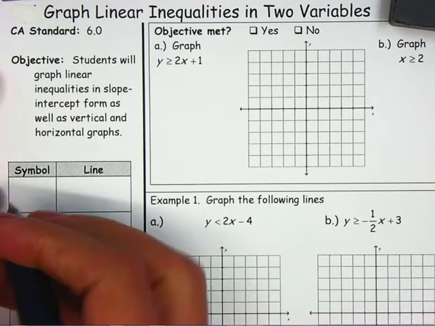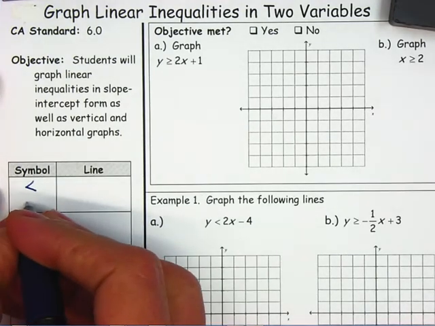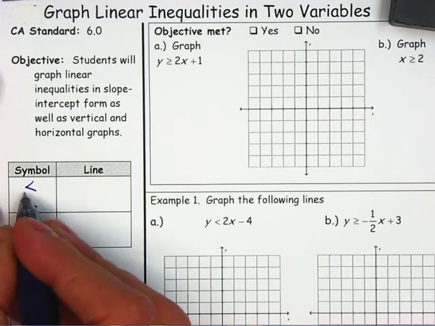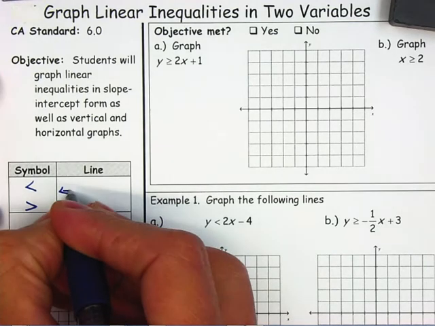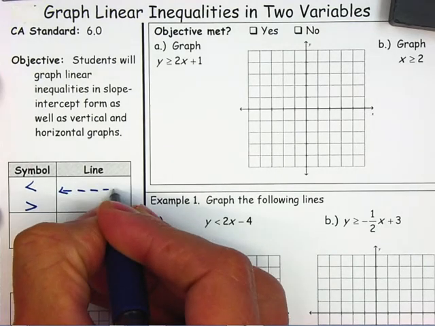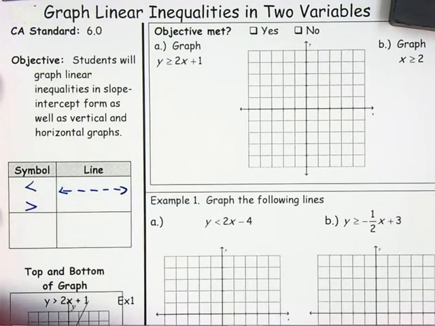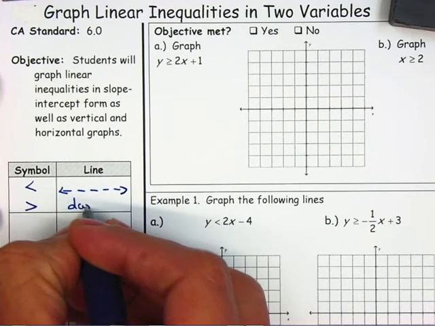If you see a symbol that's less than or greater than, but there's no equal sign underneath, the line in this case is going to be a dashed line.